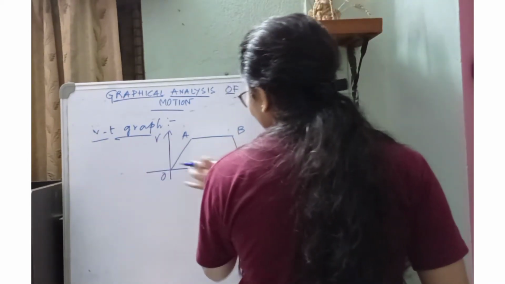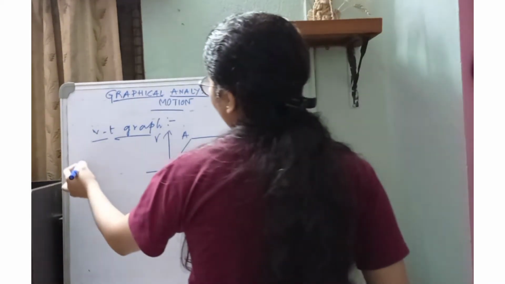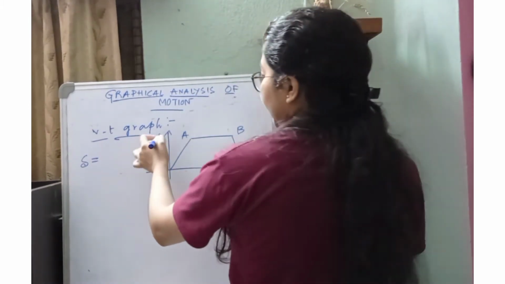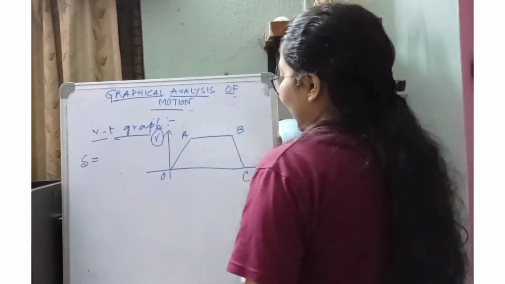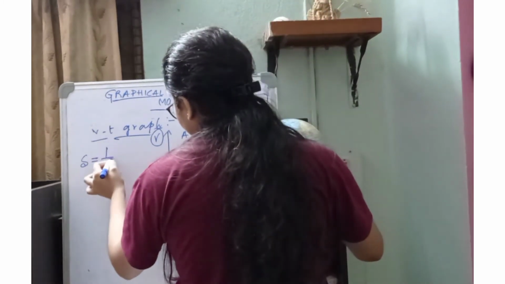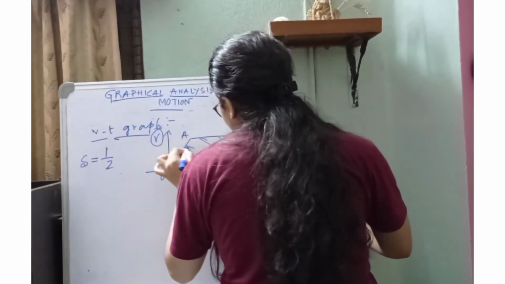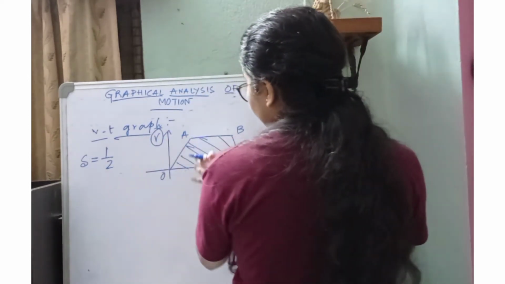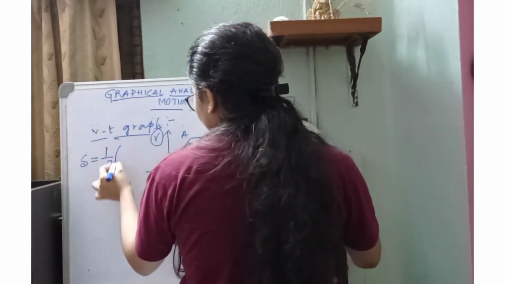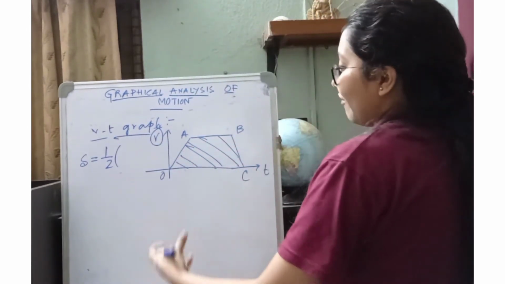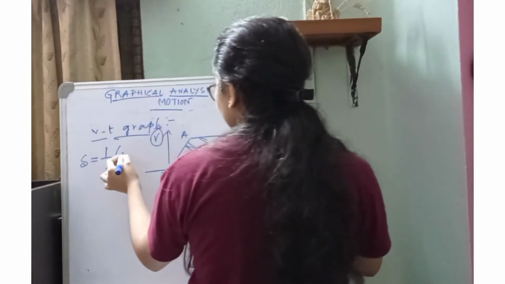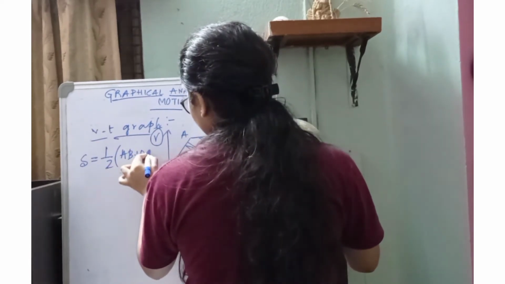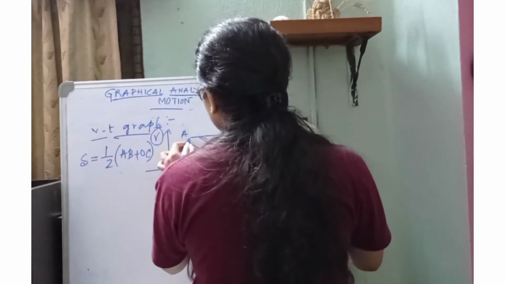So again the area of this particular VT graph will give me the distance or the displacement depending on what is taken on the y axis. So this area is only the value of the displacement, and for the trapezium the value of the area will be giving me the value of the displacement, which is half into sum of the parallel sides into the distance between them.